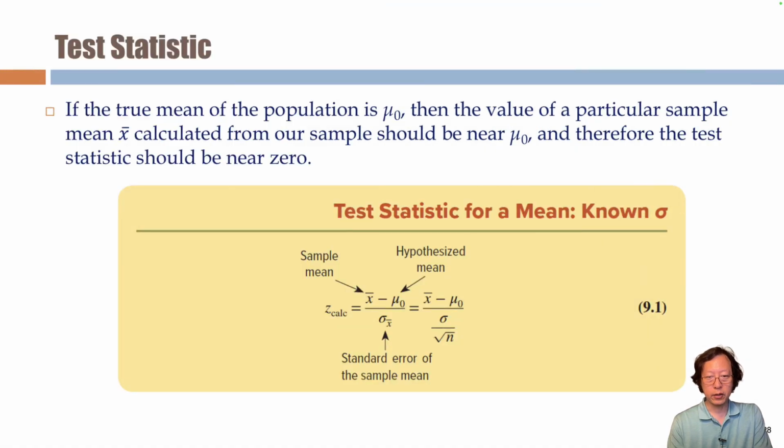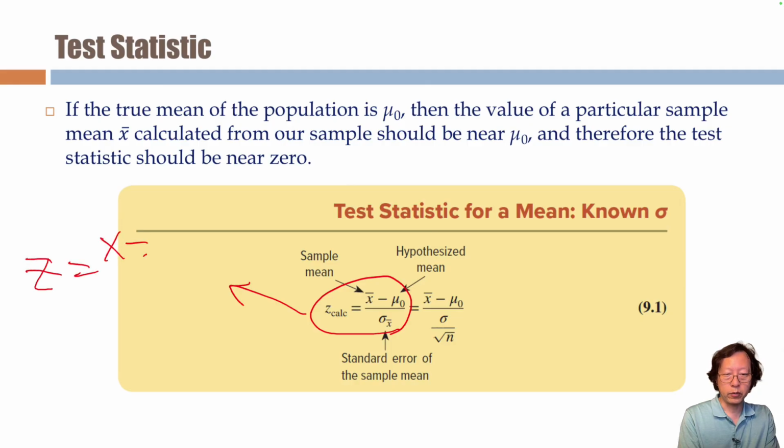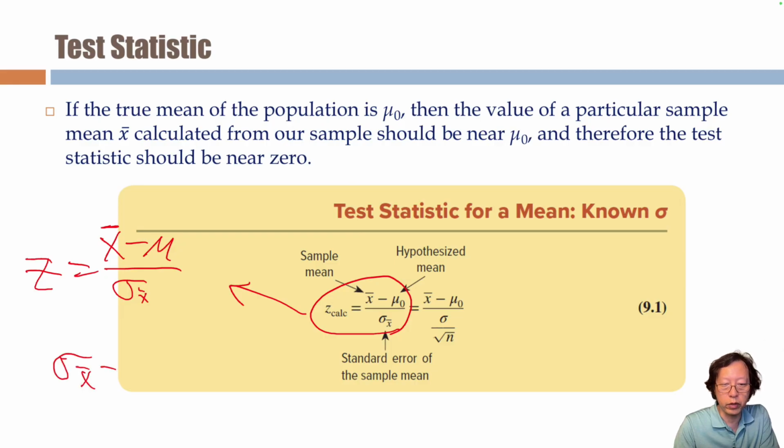The test statistic is calculated by this formula, but actually this is not a new formula. This is the z-value: x minus mu over sigma. But here our x is x bar, so sigma should be the standard deviation of x bar. We know this is sigma over square root of n.